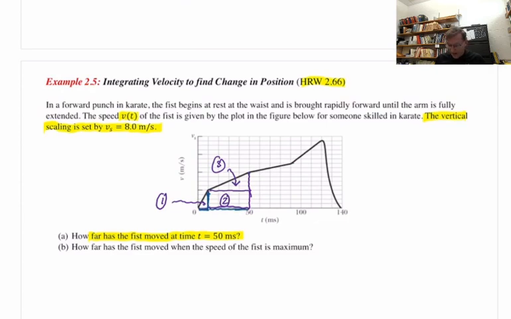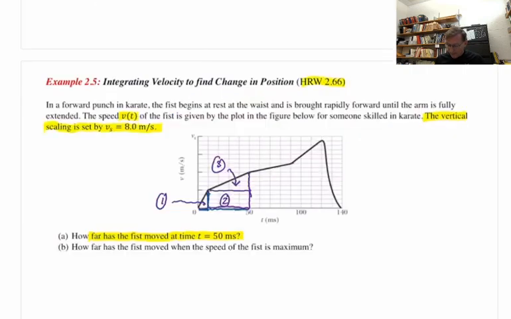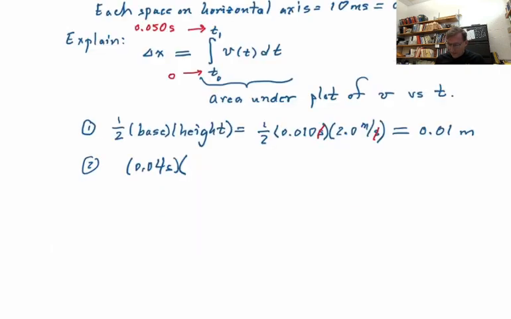Put that in SI, 0.04 seconds. And then the height right here. Oh, it's the same as that triangle number 1, isn't it? And that height is 2 meters per second. Again, the second and the per second cancel. And you multiply that out, and you get 0.08 meters.